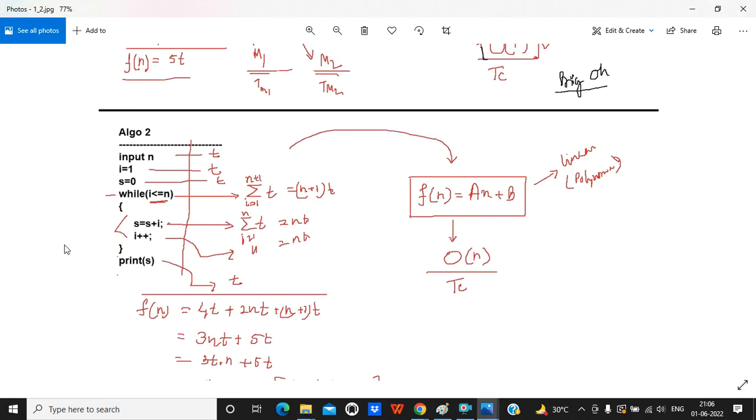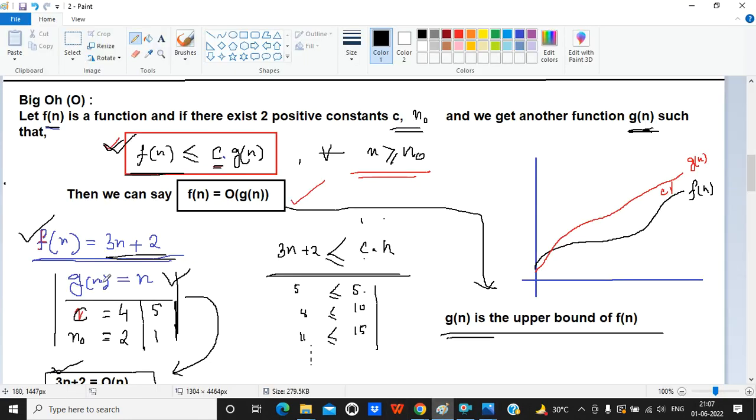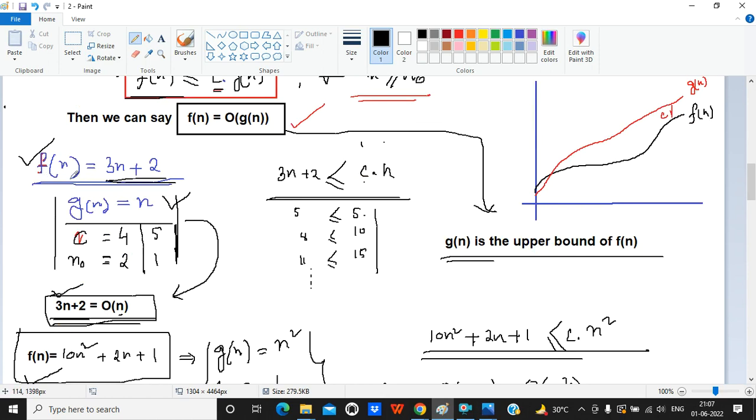So this type of algorithm, type 2, can be represented using this mathematical function, and this mathematical function's big O representation will be big O of n. Why we wrote this big O of n last day, you will get clear here. If your function is like f(n) equal to an plus b, then its respective big O notation will be big O of n.